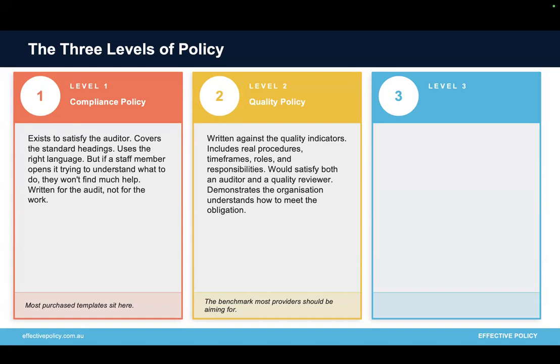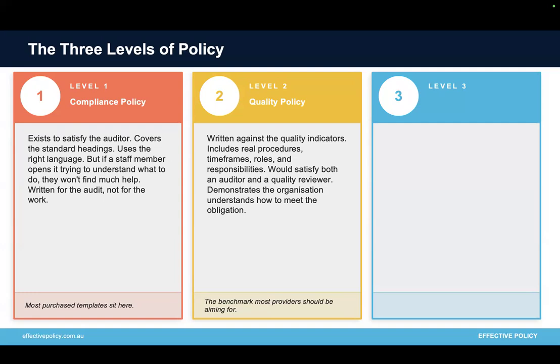They might have timeframes and the roles of people and their responsibilities, and they'd satisfy not just a plain old auditor who's been doing it for 2 weeks and came out of the business development department within that audit company to become an NDIS auditor, but it would satisfy some of the quality auditors that have been around for a really long time, or have not been around for a really long time but have worked and done their time out in the services and the departments of health and the departments of communities and justice, etc. So they really know what they're doing and they've learnt about quality management as well.